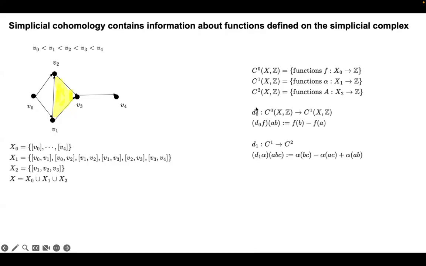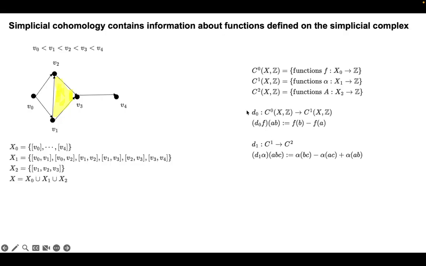So for example, C0, the space of degree zero cochains, is the functions from the vertices to C. C could be changed to any other ring. C1 is the functions from the collection of one-simplices to C or any other ring.